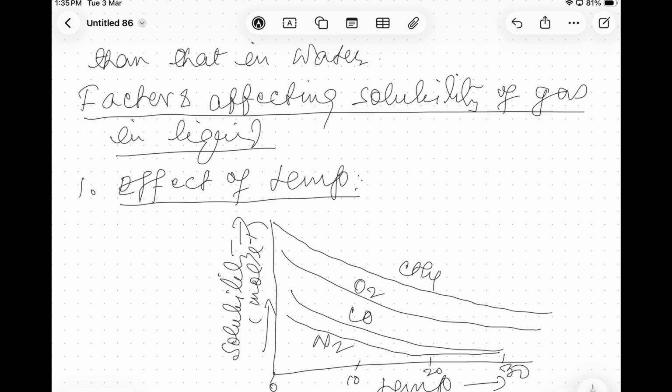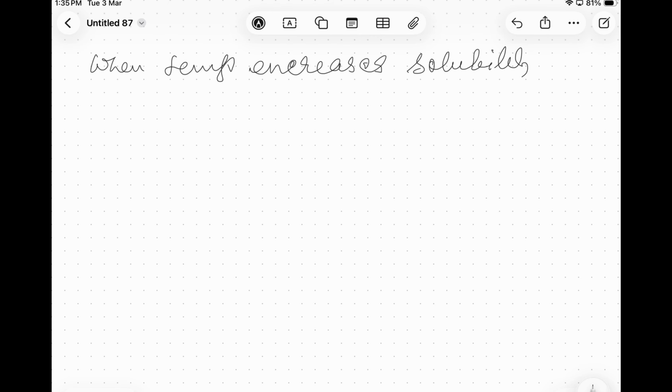In every case, you will find with increase in temperature, there is decrease in solubility. When temperature increases, solubility of gas decreases.